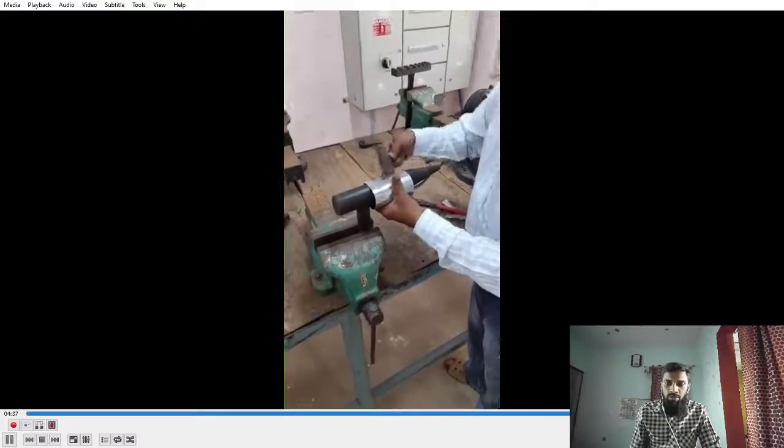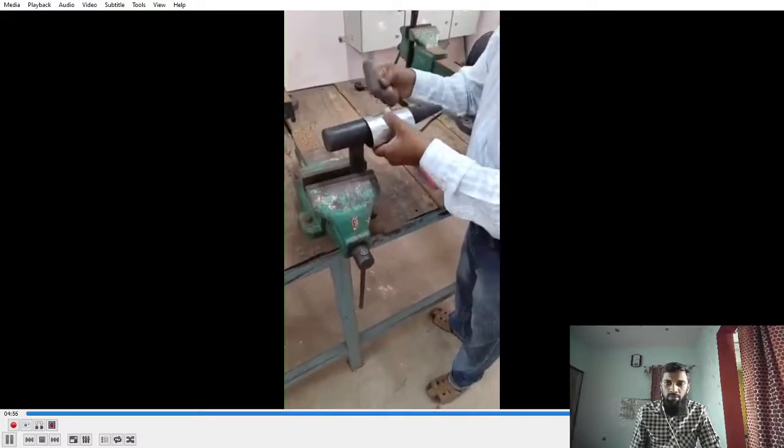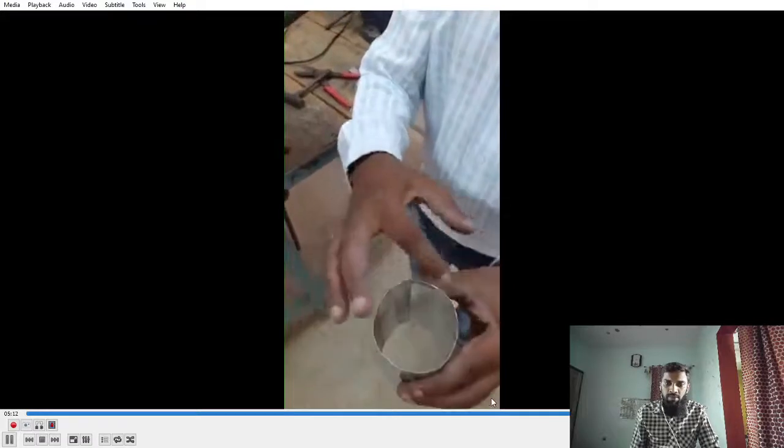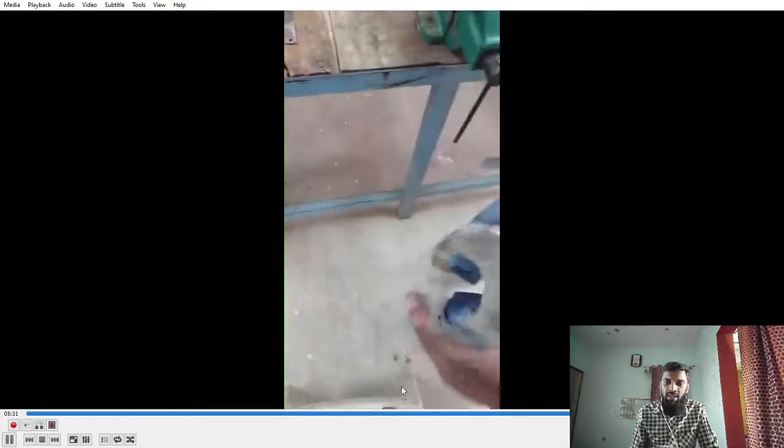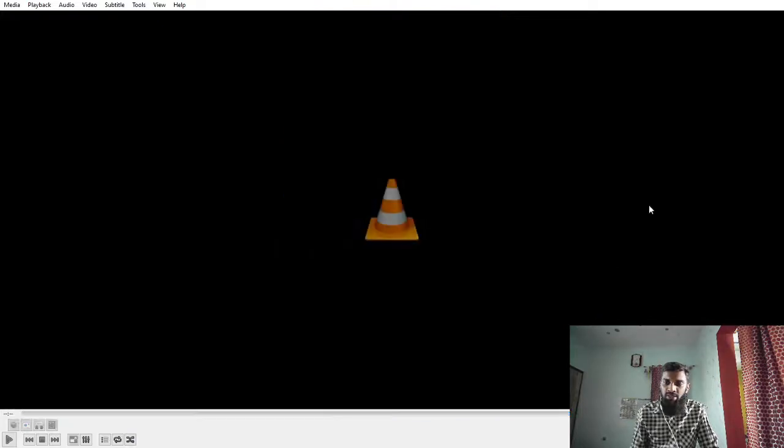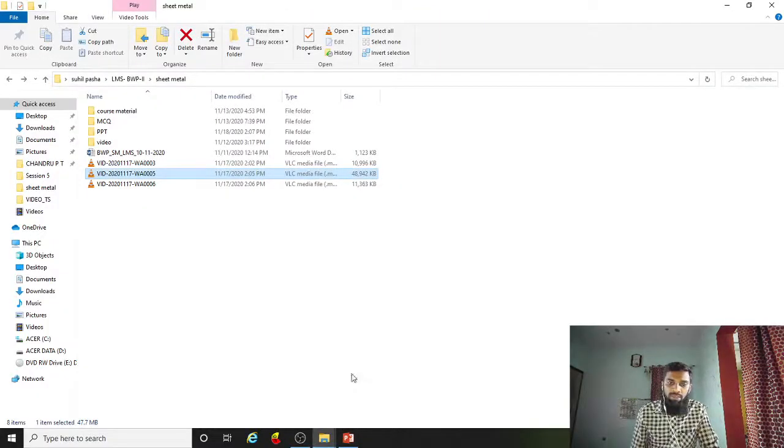See, this is how the development of cylindrical shape is prepared. See, this is the sheet metal cylinder, and you can finally measure the diameter of cylinder and the height of cylinder. If any difference is there, again you have to properly arrange it. See, this is how the preparation of cylinder is done.